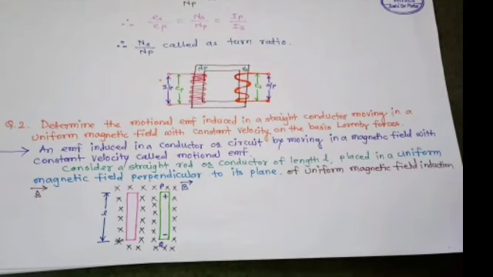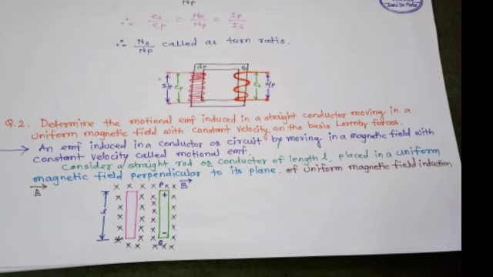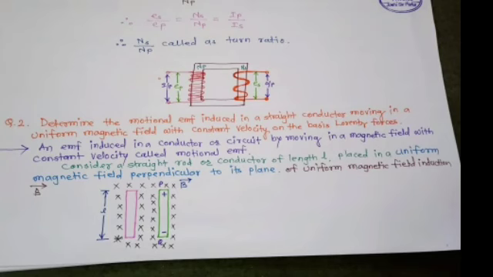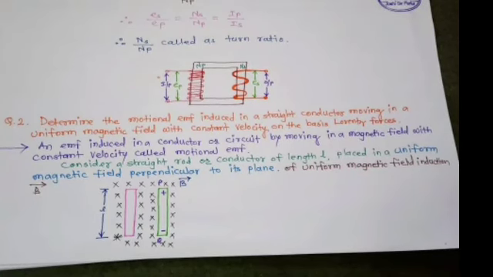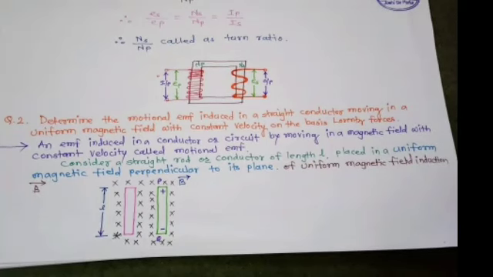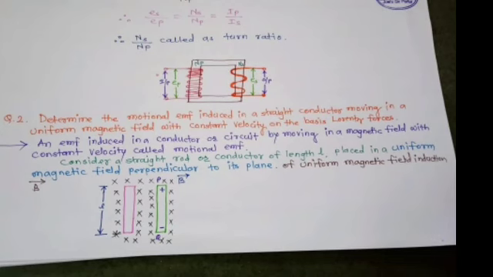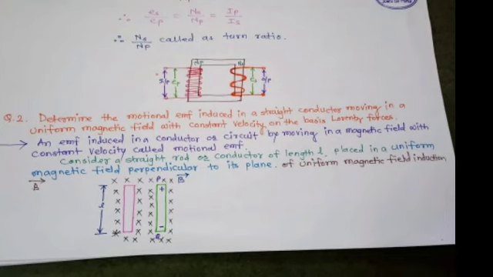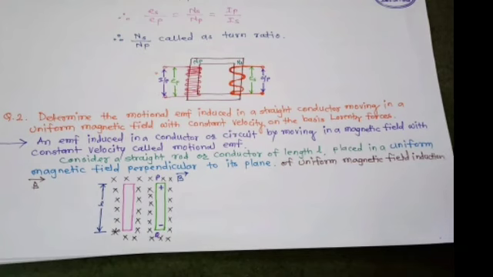First of all, we consider a straight rod or conductor of length L, which is placed in a uniform magnetic field of induction vector B, perpendicular to its plane, as shown in the figure.